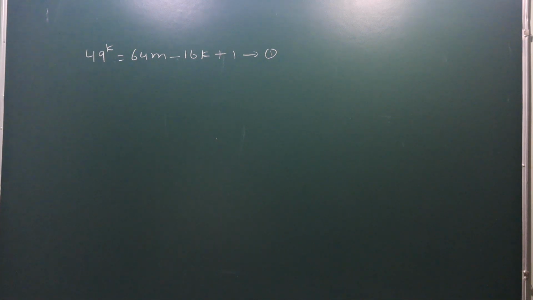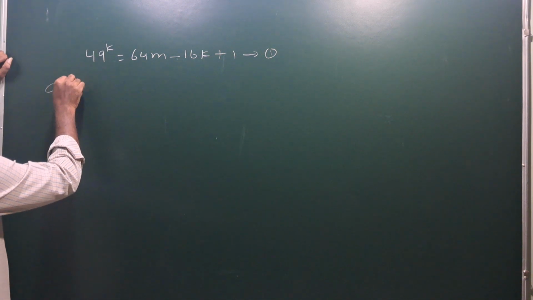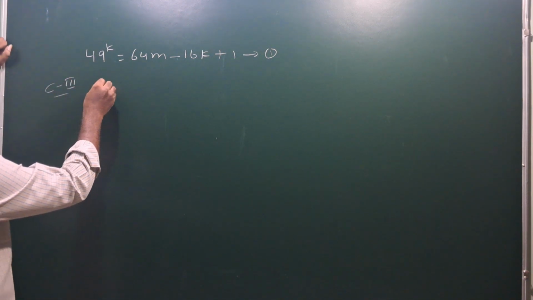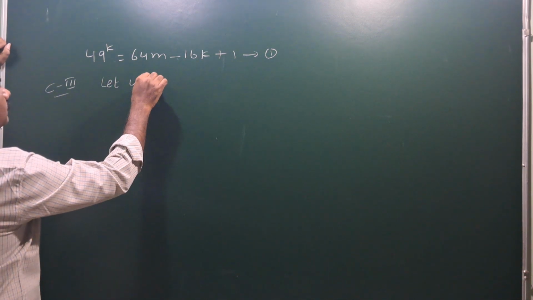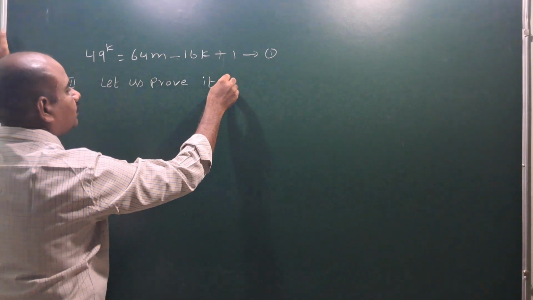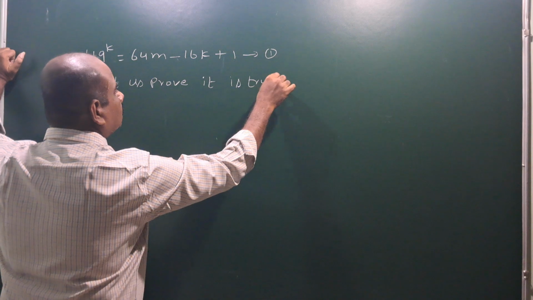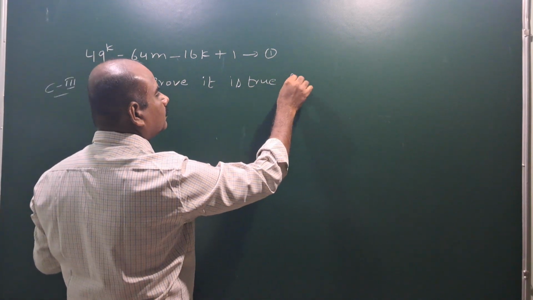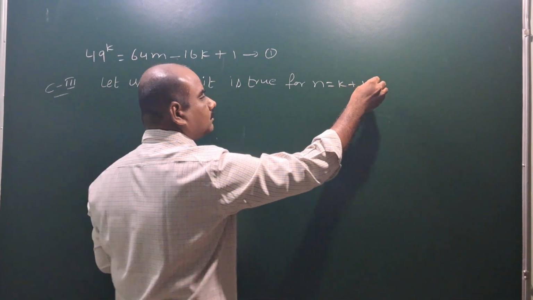Okay, continuation, case 3. Case 3 means let us prove it is true for n is equal to k plus 1 also.